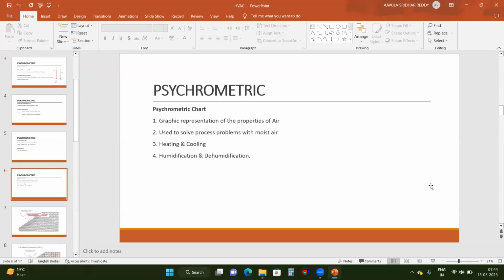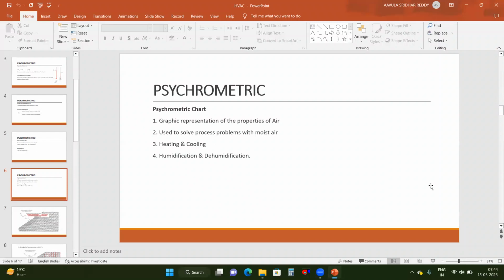So we will see the psychrometric chart. In the psychrometric chart we can measure the following properties and also solve problems related to moist air. First we will see the graphic presentation of the properties of air.